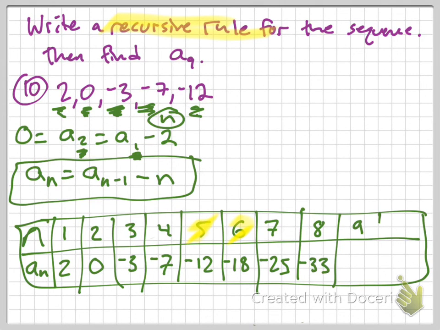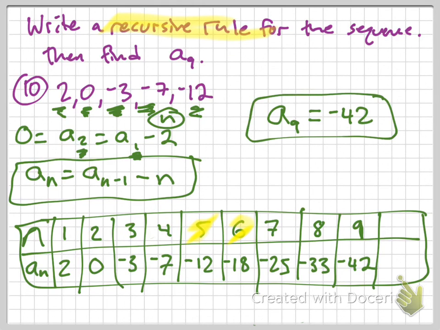And 9, I'm going to subtract 9 from that, it'd be -42. So this is a 9, not an A. So the ninth term, or A9, is equal to -42.